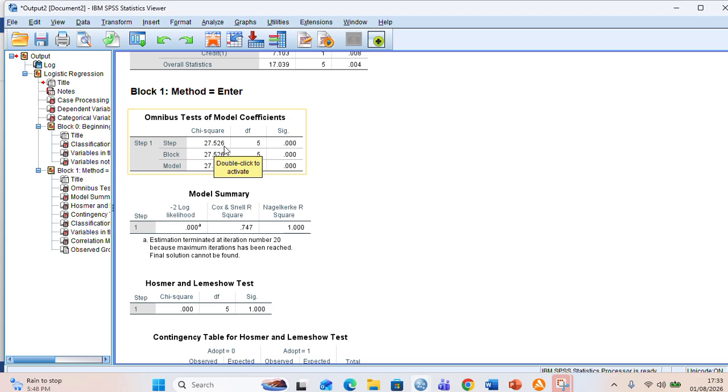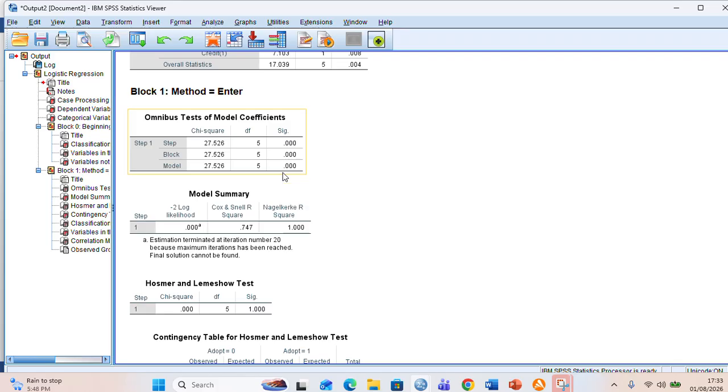It indicates the improvement in model fit after adding the 5 independent variables, and the degrees of freedom is equal to 5. And the significance value is equal to 0.000.